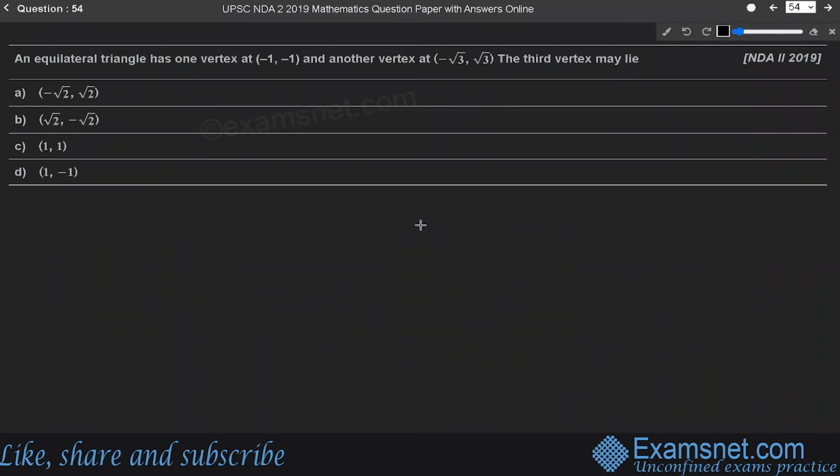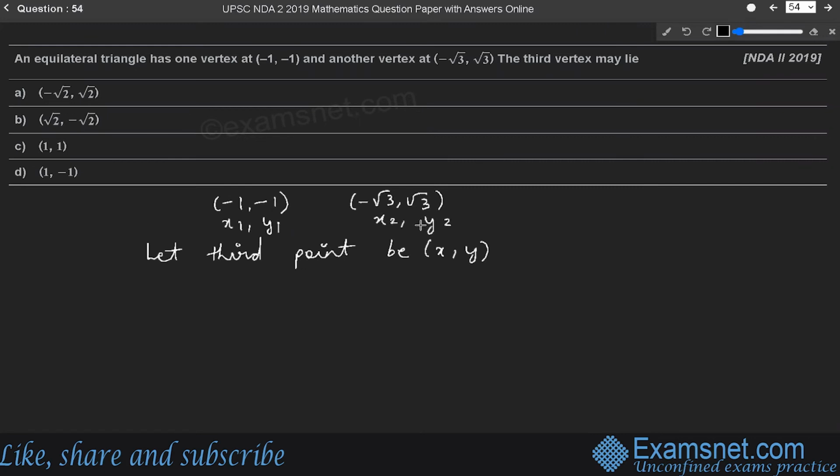Next question is, an equilateral triangle has one vertex at (-1, -1) and another vertex at (-√3, √3). The third vertex may lie. So we have to find the third vertex. Let the third point be (x, y), and let these points be (x1, y1) and (x2, y2).